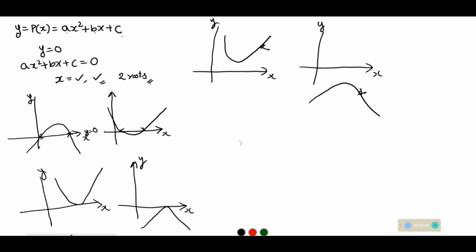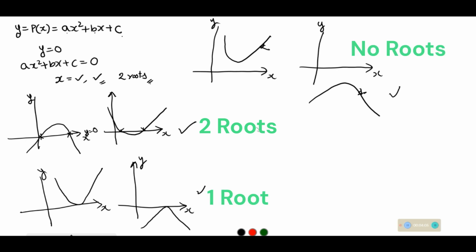So what we see so far is that the quadratic equation can have a maximum of 2 roots. In one case it has 1 root, and in another case no roots. So what we can conclude from all this is that the quadratic equation can have a maximum of 2 roots.